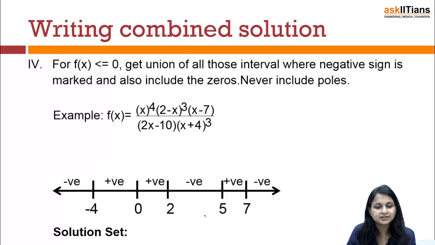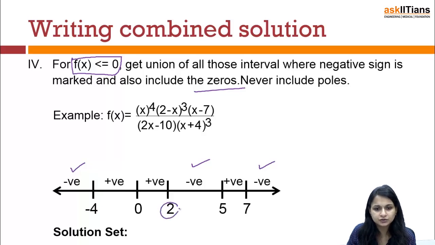Okay, let's take the last case wherein we have f(x) less than or equal to 0. Now here definitely again I will be including the zeros also. So I have this region, but I will be including, and this region also, but I will be including the zeros also. So what are my zeros?